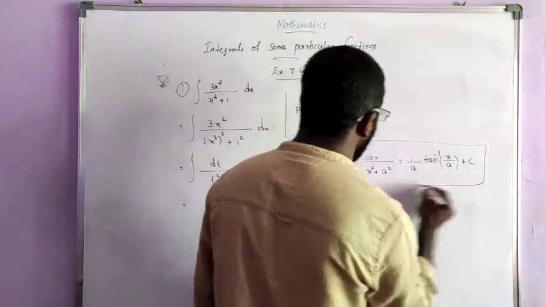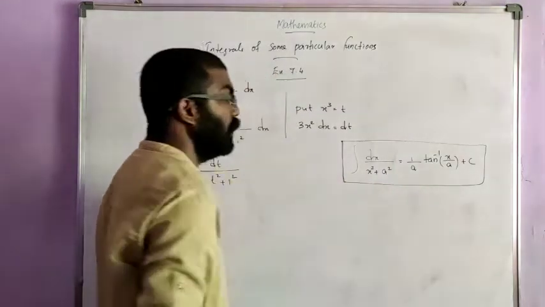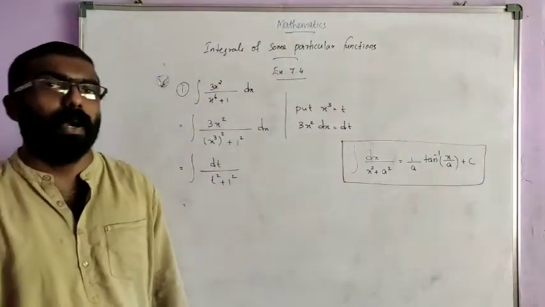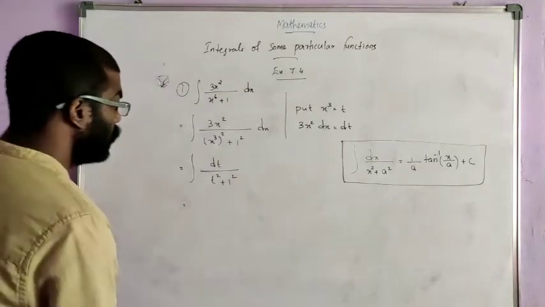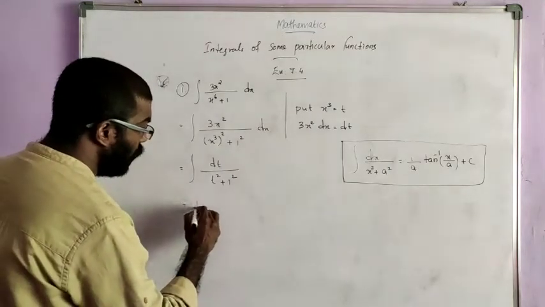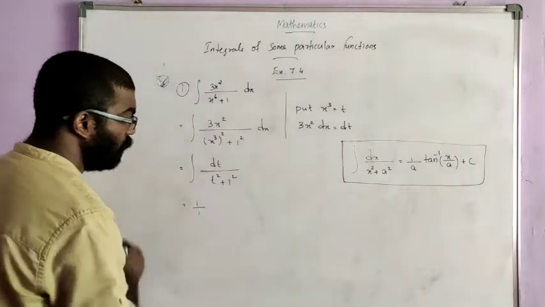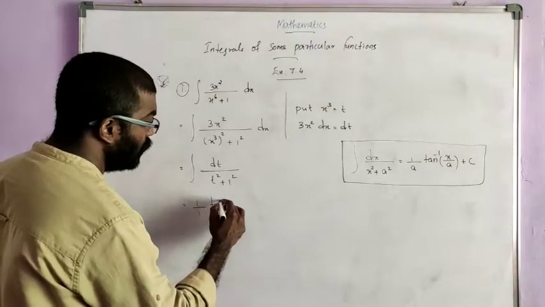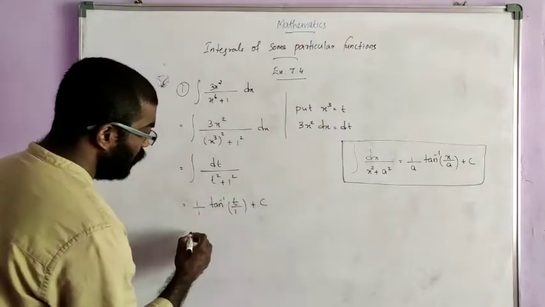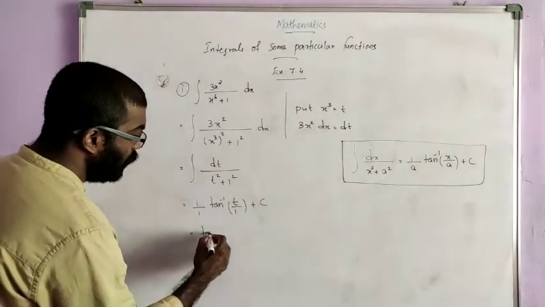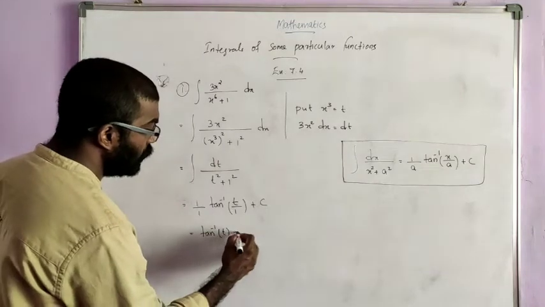Integral dx by x square plus a square is equal to 1 by a tan inverse x by a plus c. So here we can write 1 by a value is 1, so 1 by 1 tan inverse t by 1 plus c. That is 1 by 1 is 1 tan inverse t plus c.